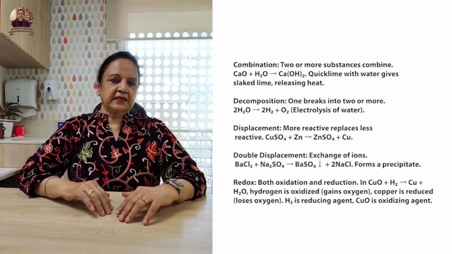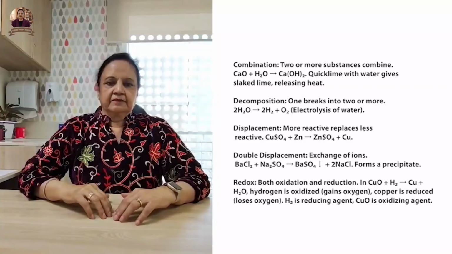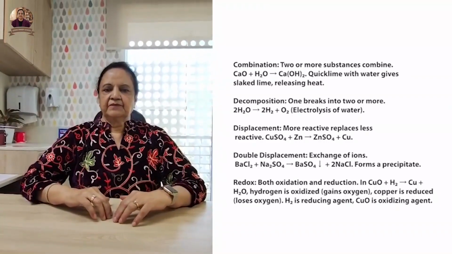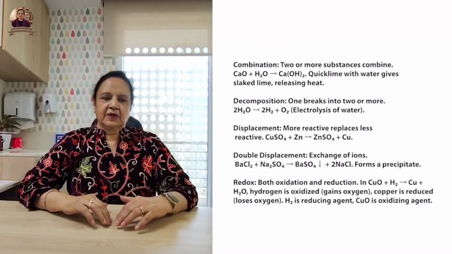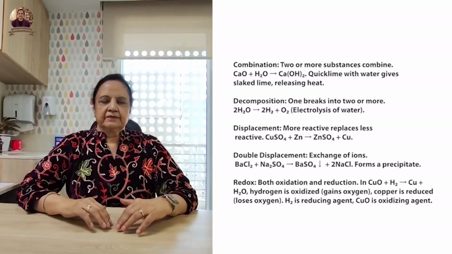Double displacement, exchange of ions takes place here, like BaCl2 plus Na2SO4 gives BaSO4 and 2 NaCl. Here a precipitate is formed.